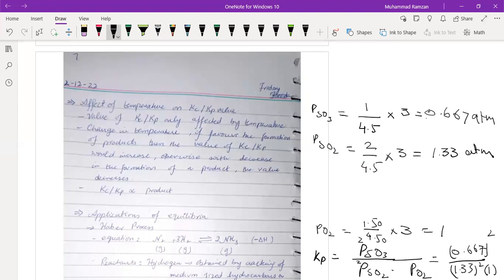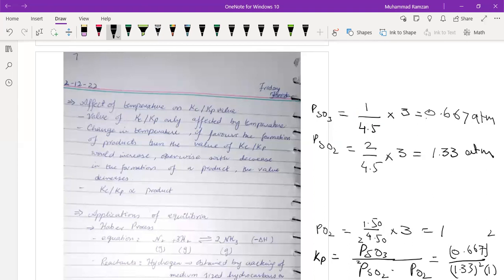So this is the way you can deal with Kp. Kp is also an equilibrium constant, in terms of pressure. Conceptually the meaning is the same as that of concentration, but for gases we can use pressure instead of concentration.